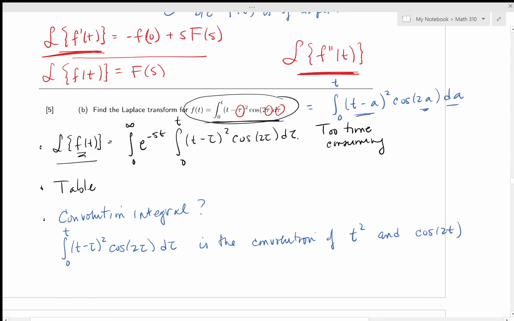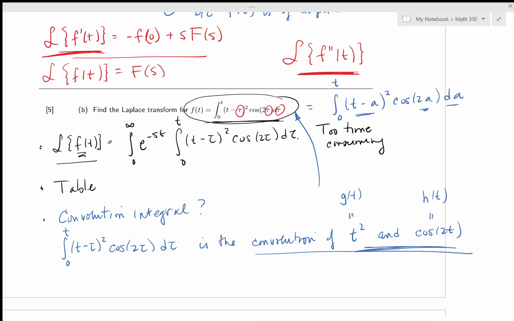Let me label them: I'll call this one g of t, and this one h of t. If I gave you these two functions and asked for the convolution of g of t and h of t, you would, I hope, produce that integral right there. So it's the convolution of t squared and cosine 2t.